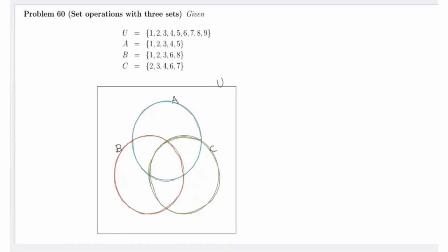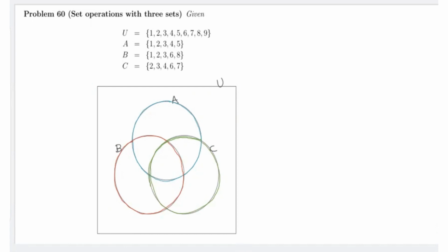I want you to look at this first, then the intersection of red and blue, green and blue, and green and red, then go to blue, red, green, and then the universal set. That's the plan.